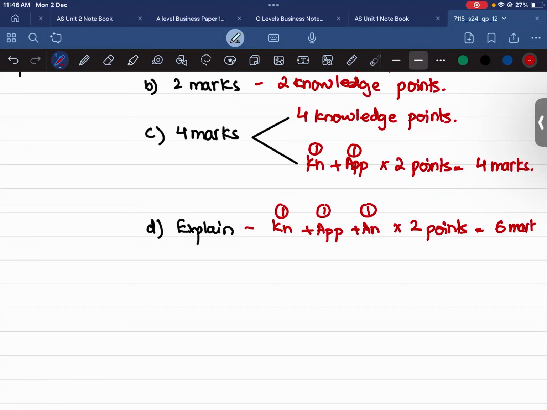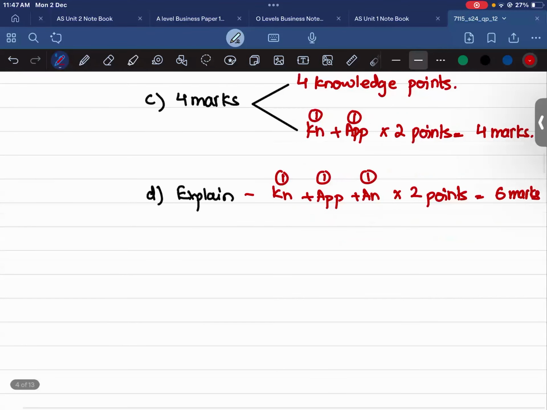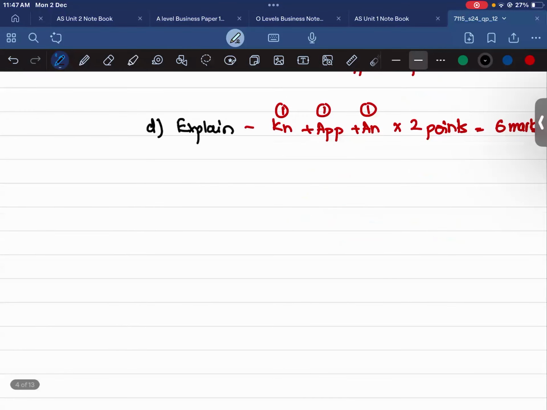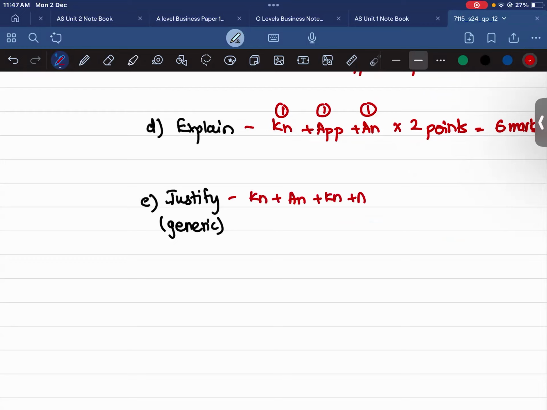So total 6 marks. And then you have the part E, which is justify. And this is a generic question. So over here, you will get marks for knowledge, analysis, knowledge, analysis, evaluation, which is your judgment, plus evaluation, which is your justification.